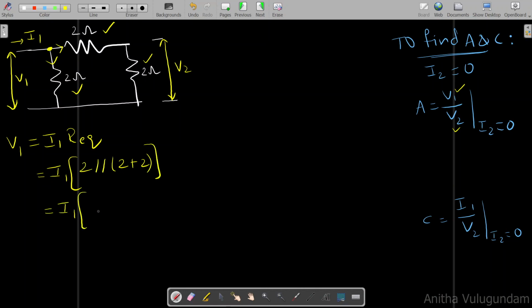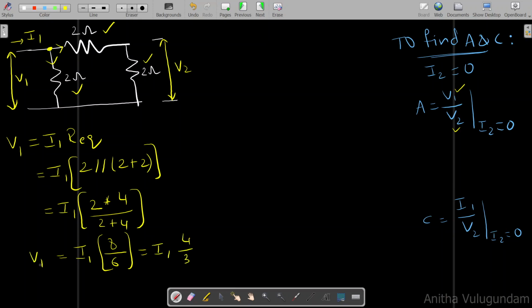Therefore, I1 into 2 into 4 by 2 plus 4, so 8 by 6, 4 by 3. V1 equal to I1 into 4 by 3.